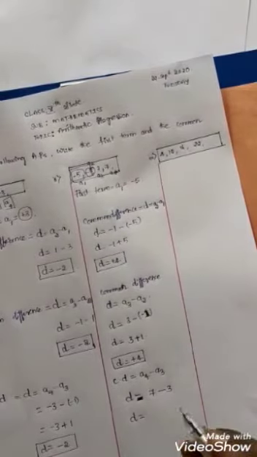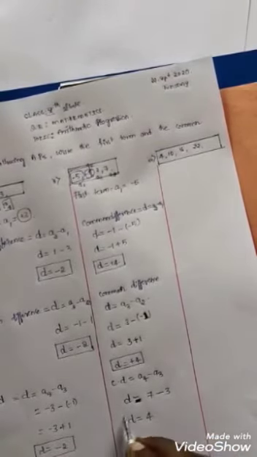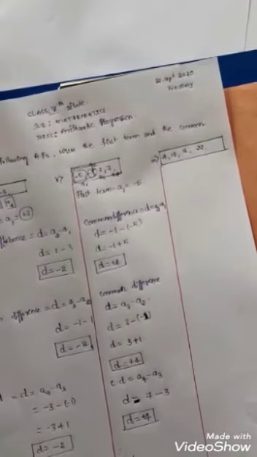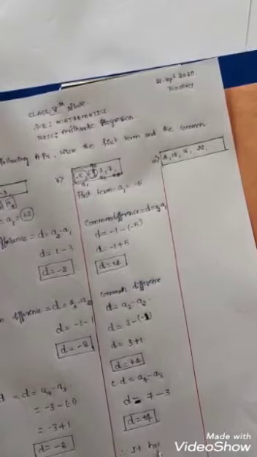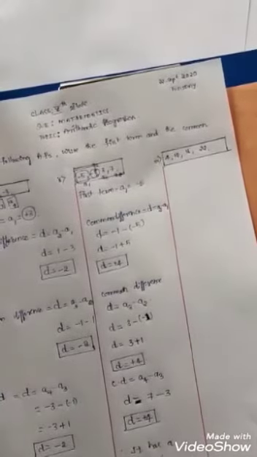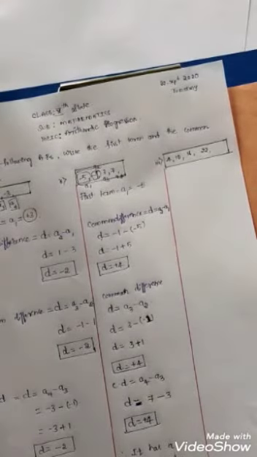After subtraction we get 7 minus 3, 4. d is again plus 4. Therefore it has the same common difference. Do you all understand?